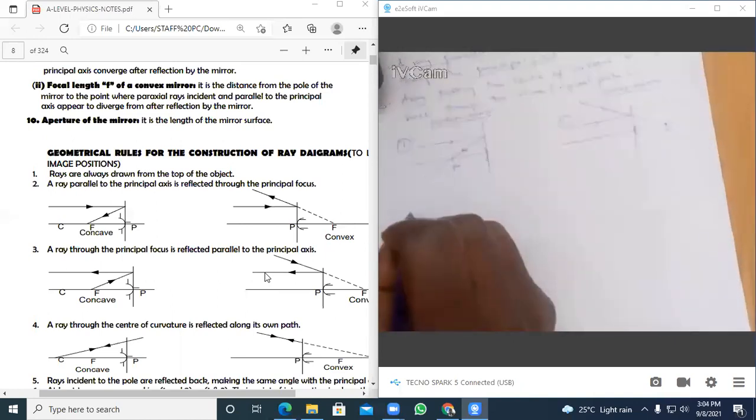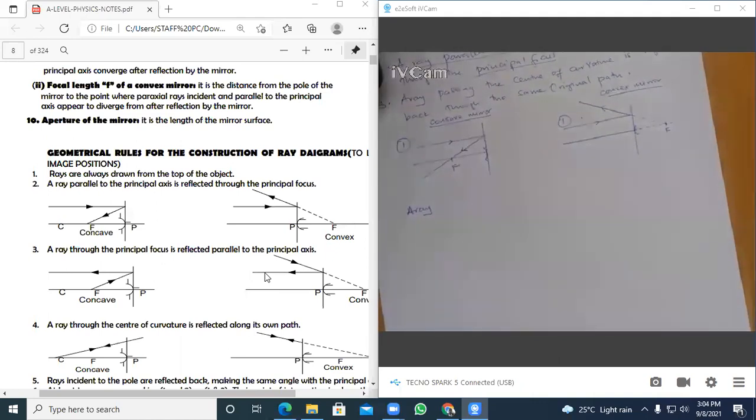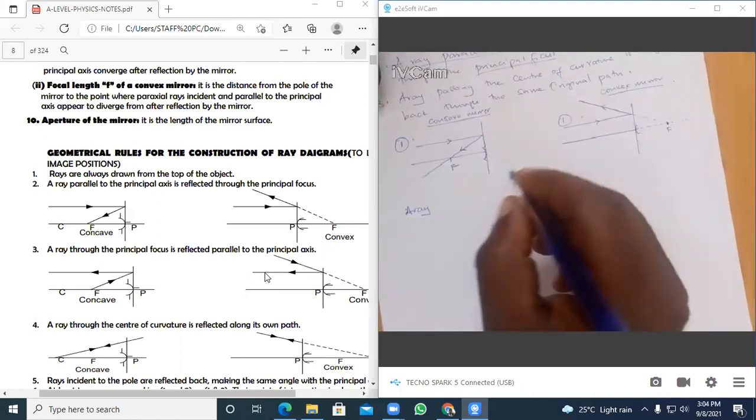So that is number two. Maybe number two, we can just note it down here, and we say that a ray through the principal axis is reflected parallel to the principal axis.